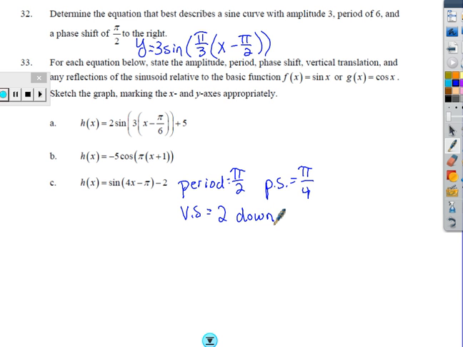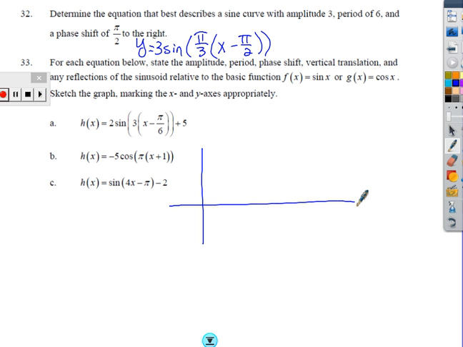And now all I've got to do is just graph letter C. So I can go through and graph this. And first off, I know that my midline is right here at negative 2. So that tells me that I'm going to be starting right here at 0.